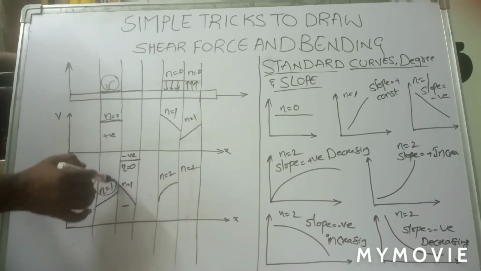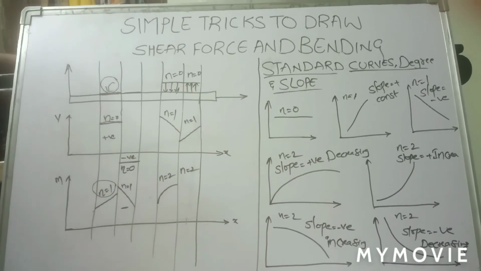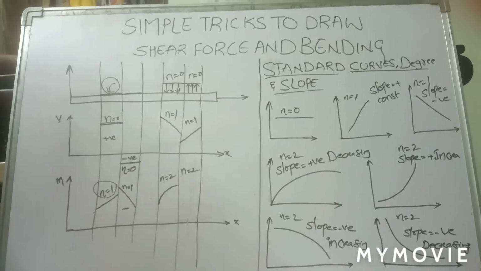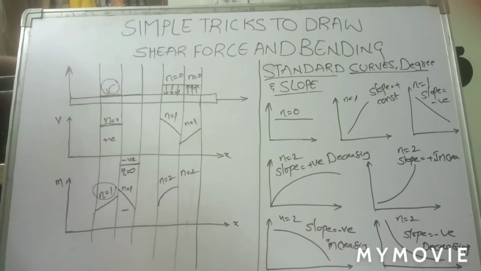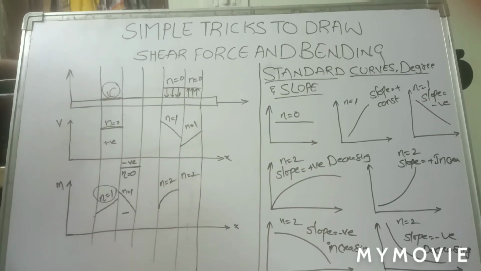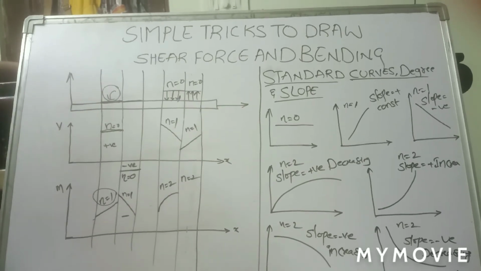Whether it is increasing or decreasing depends upon the type of loading condition. It doesn't matter; what matters is only whether it is a straight line, a slope, or a curve.